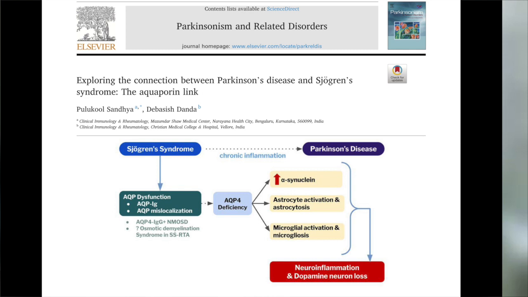So we are still waiting for further studies creating a robust link between neuroinflammation related to aquaporin 4 dysfunction, because we have already a lot of data relating neuroinflammation and Parkinson's disease.